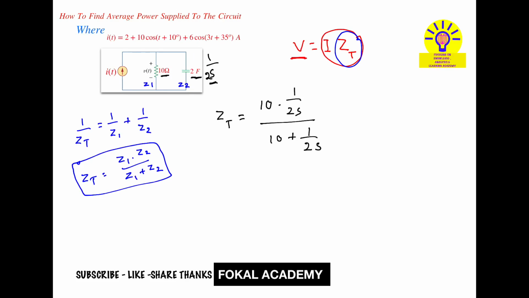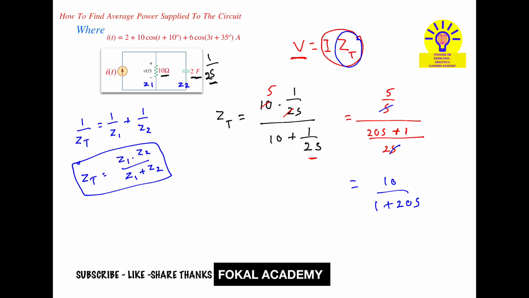In the numerator, 2 ones are 2, 5 ones are 5. So that is 5 by S upon, here the LCM is 2S. So 2S into 10, 20S plus 1. Here the S's cancel. It becomes 5 twos are 10 by 1 plus 20S.